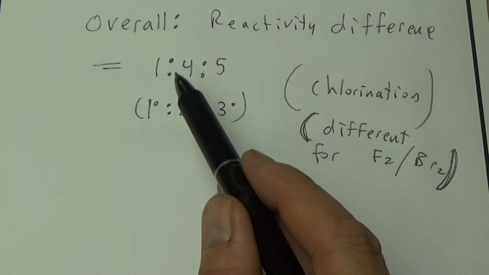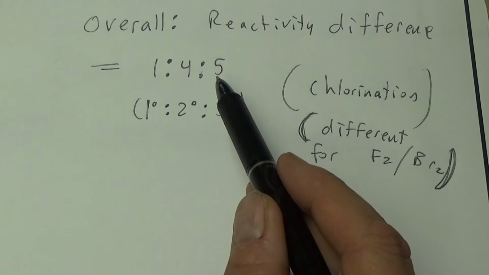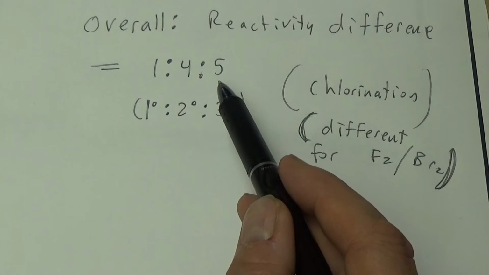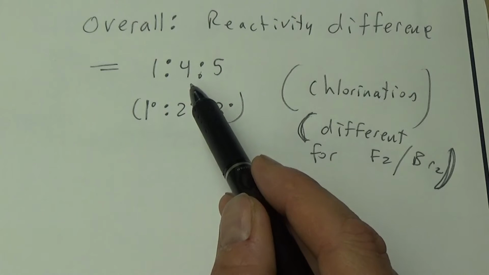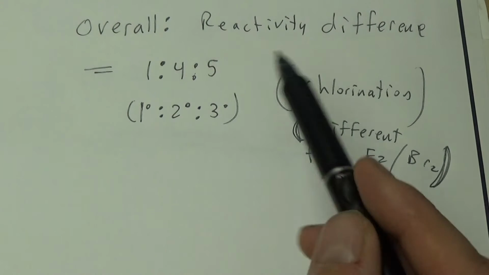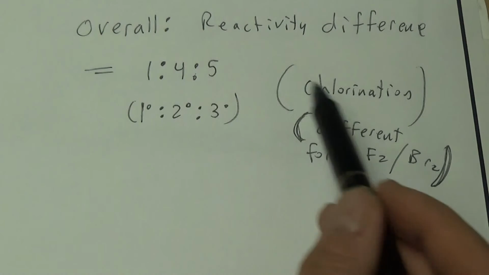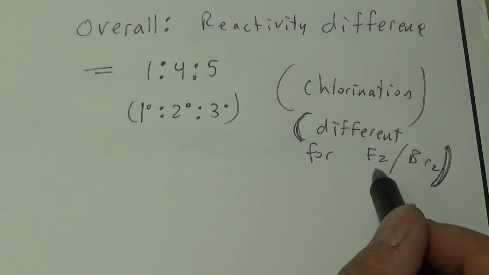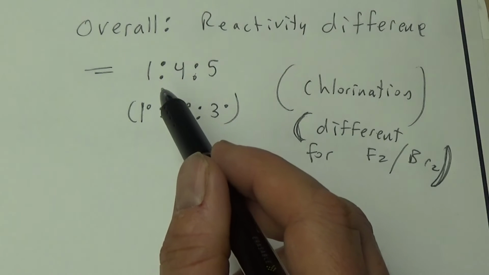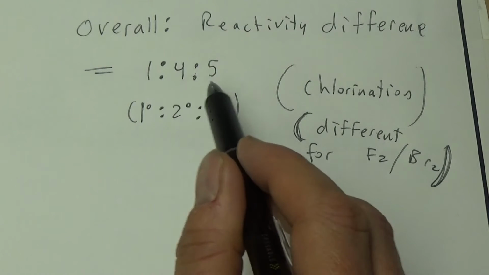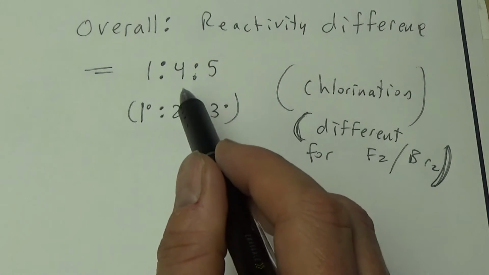Tertiary is kind of selective. There's an extra probability that tertiary is going to react, and secondary is in the middle. Primary is kind of less selective. When you have a reaction like fluorination, which is explosive, the selectivity goes away. And what we're going to see later is that fluorine gives you almost a 1 to 1 to 1. There's going to be a little bit of preference for secondary and tertiary, but not as much as this.